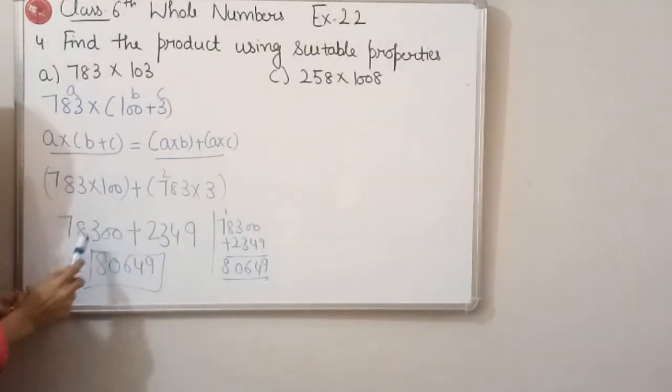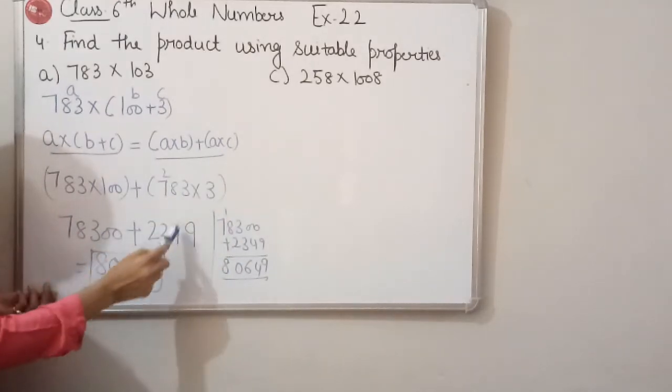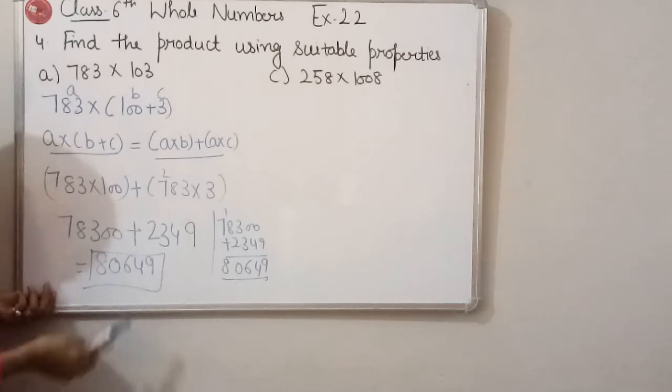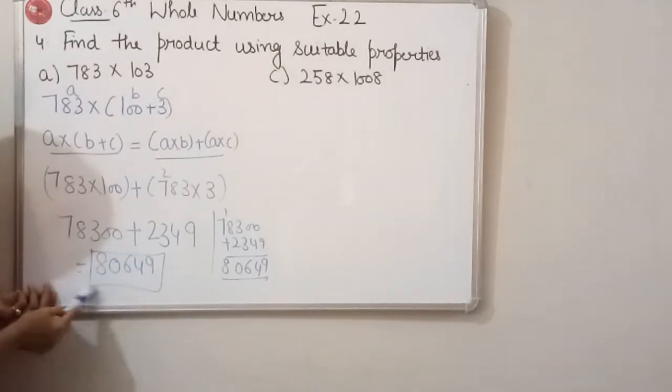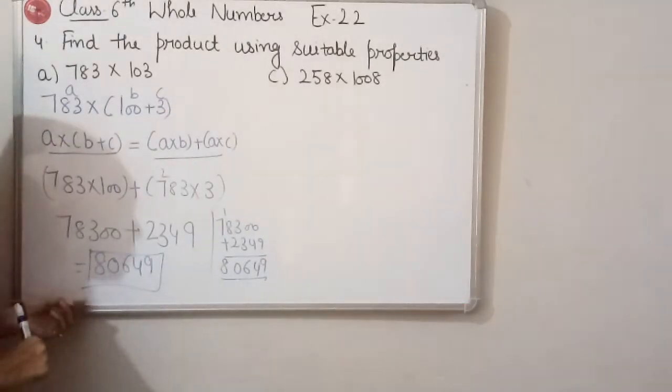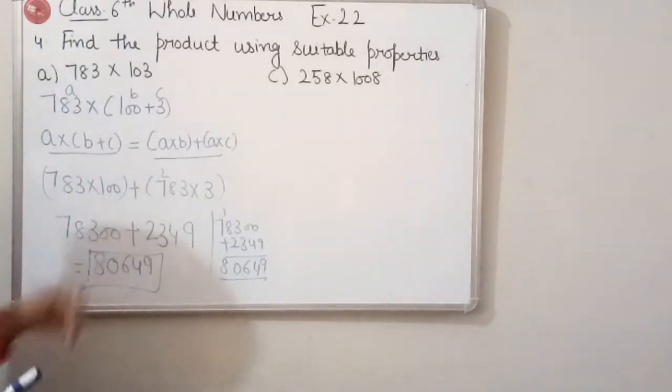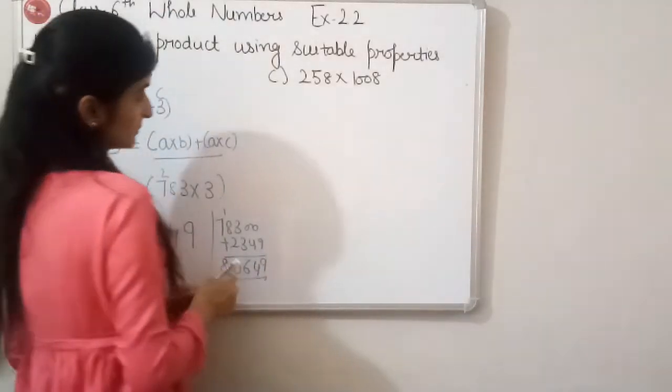This multiplied by 100 is 78300 plus this multiplied by this is 2349. Now we can add them and our answer will be 80,649.